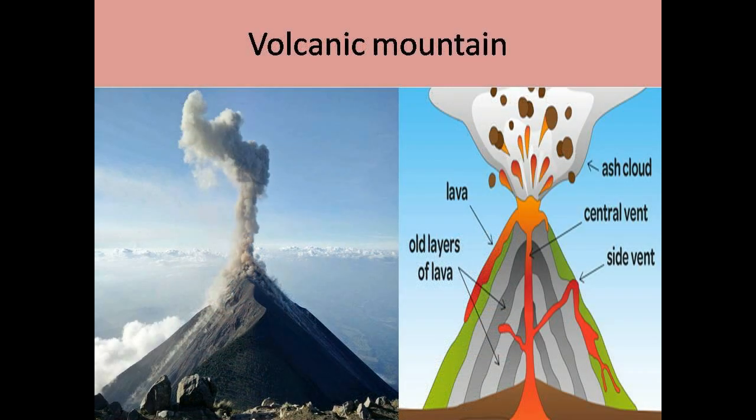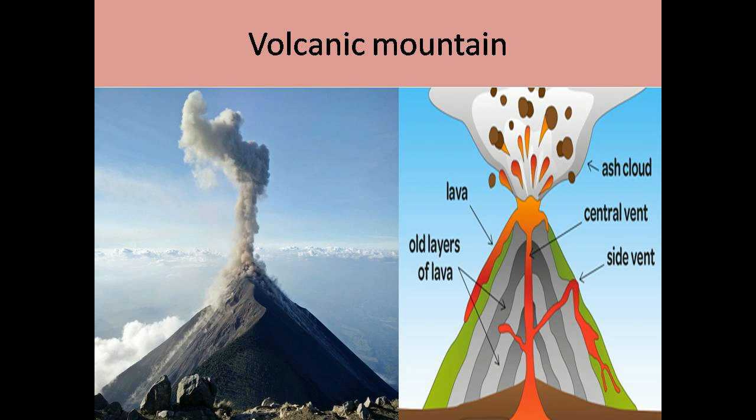Next is the volcanic mountains. As the name suggests, volcanic mountains are formed by volcanoes. Volcanic mountains are formed when molten rock deep within the earth erupts and piles up on the surface. Magma is called lava when it breaks through the earth's crust. When the ash and lava cool, they build a cone of rock. The opening through which lava and liquid material come to the surface is called a vent.